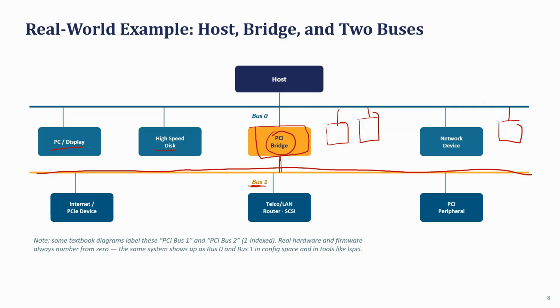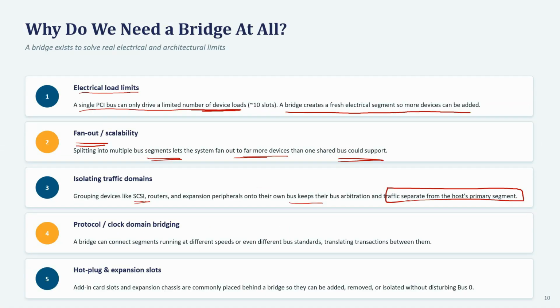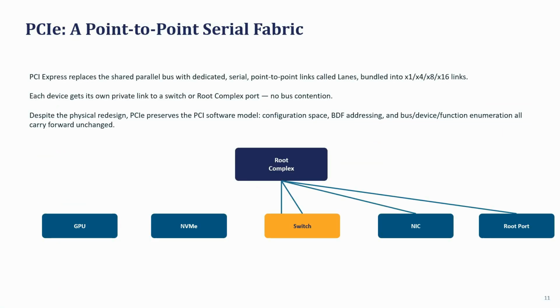And I can also plug and play whatever modules I need with this particular bus number 1, so that I'm not worried about the original bus. In bus number 1 I can insert any particular devices, or remove any particular devices, which will be completely isolated from your host bus. So that is why we use a bridge in our PCI, not in PCIe. We are using it in PCI.